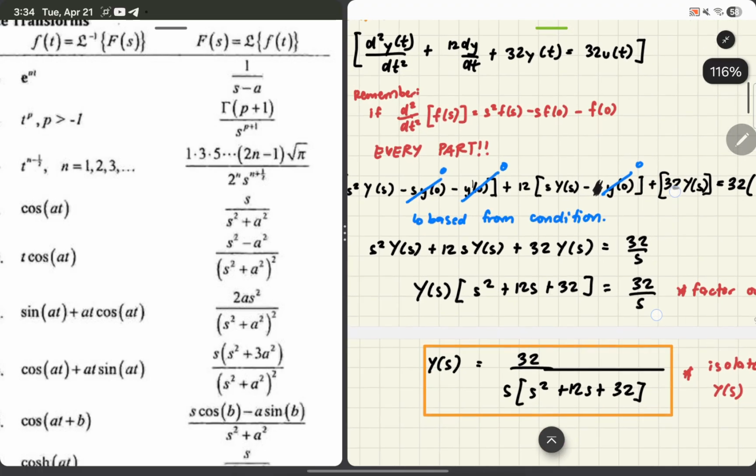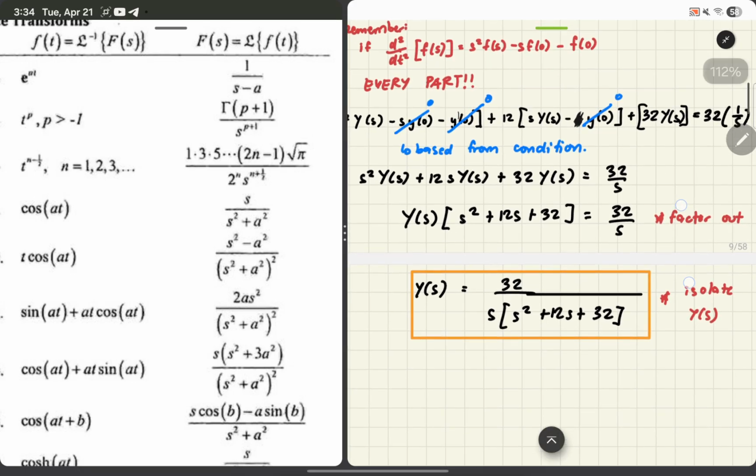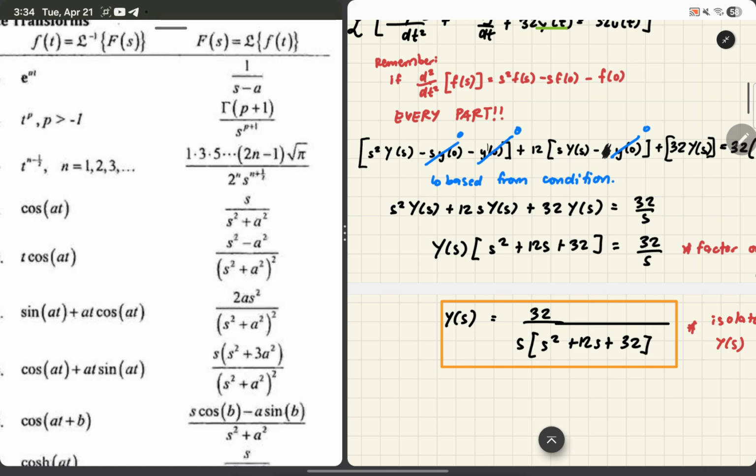Based on the condition, all initial conditions are 0, including y prime of 0 and so on. So let's just combine all of this. What is left for us is s squared Y of s plus 12s Y of s, as well as 32 Y of s, is equal to 32 over s.